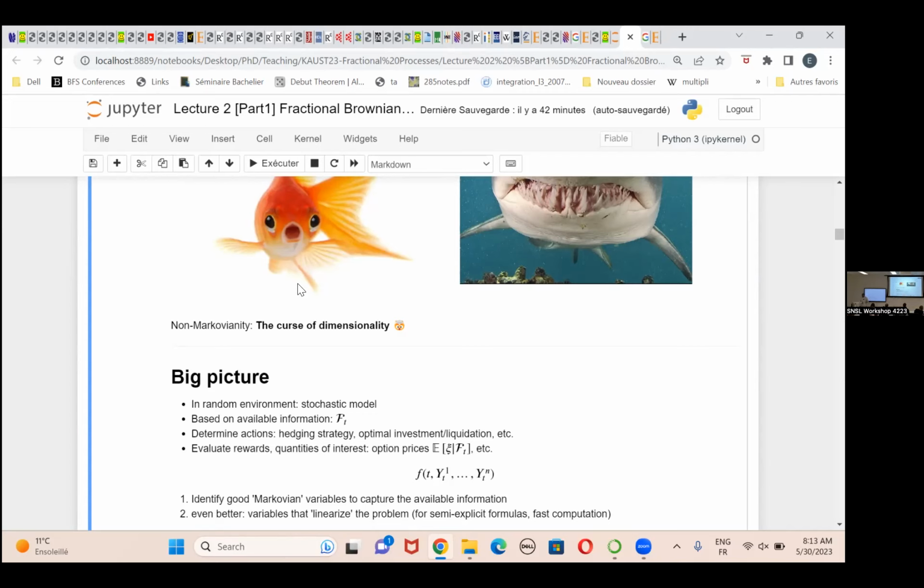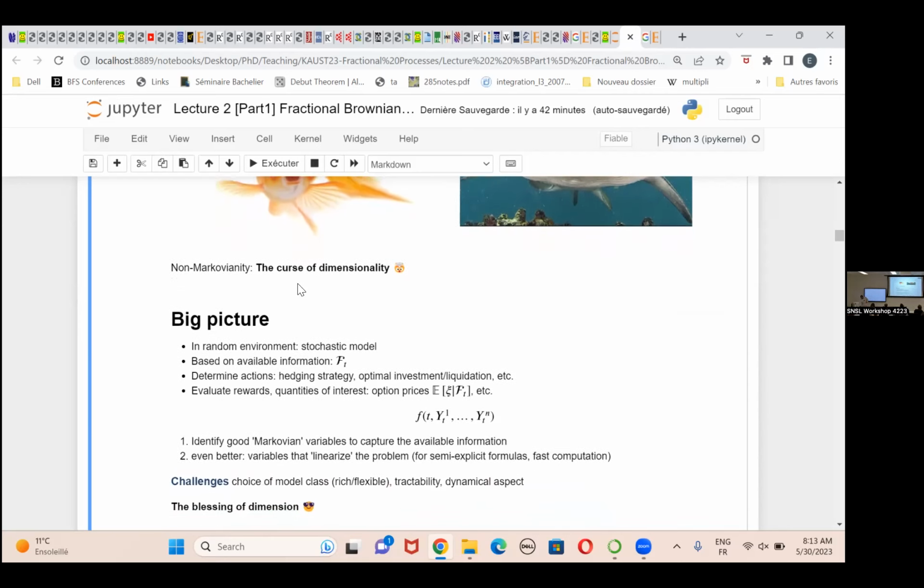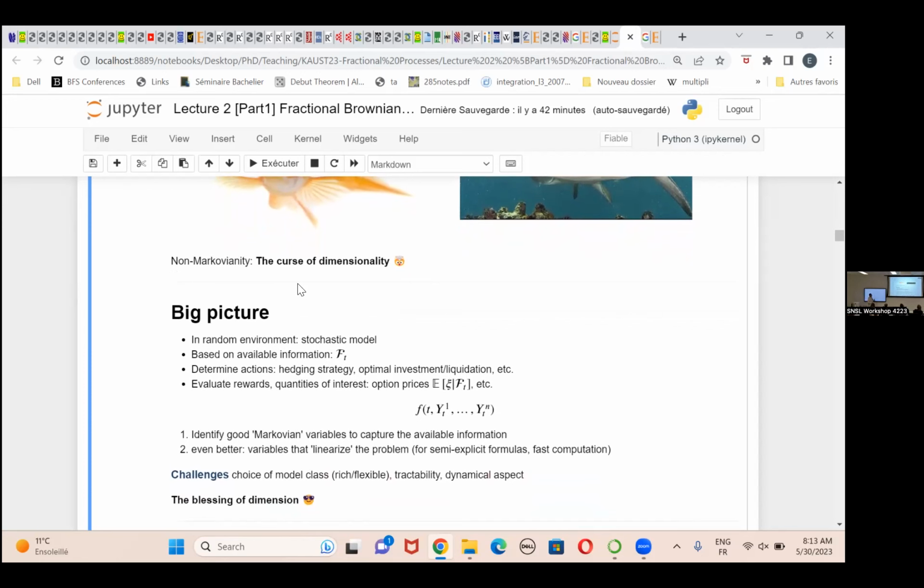And so even when you're in a Markovian setting, even if you're in a Markovian setting with a nonlinear problem, there you might have an advantage to go to infinite dimension to identify good state variables that will linearize the problem. Okay, so you get more tractability. And so instead of looking at dimensionality as a curse, I think we can look at dimensionality as a blessing.